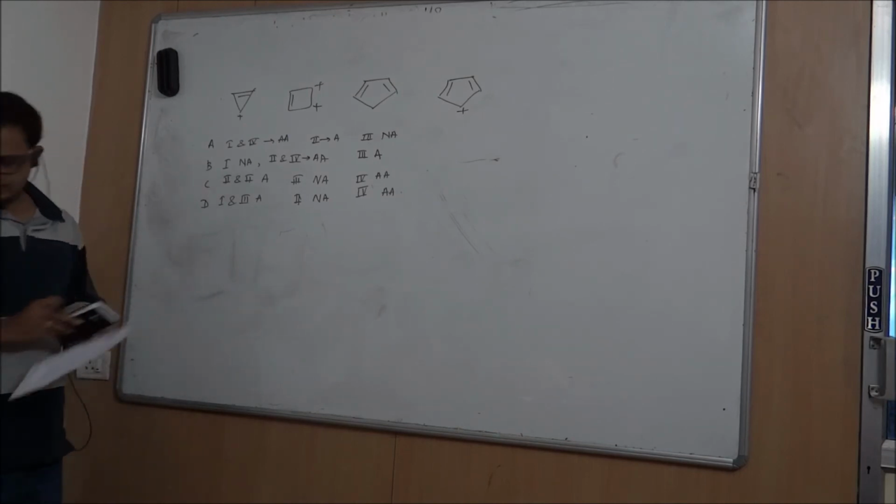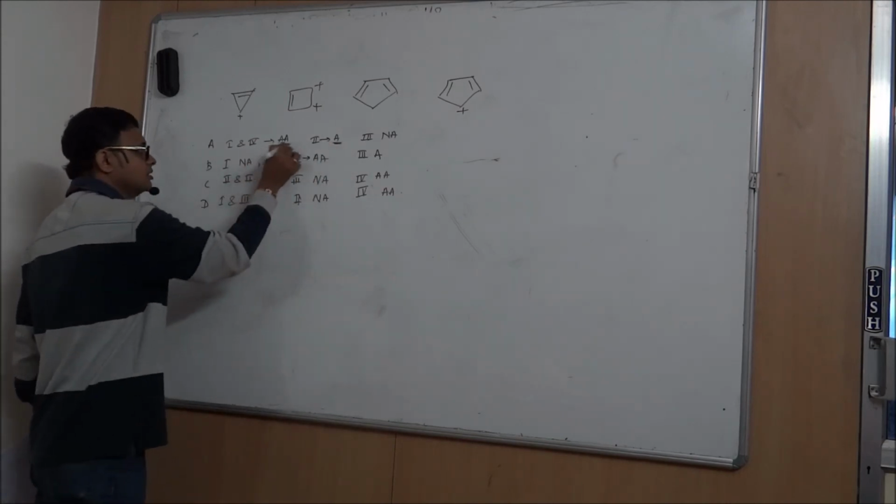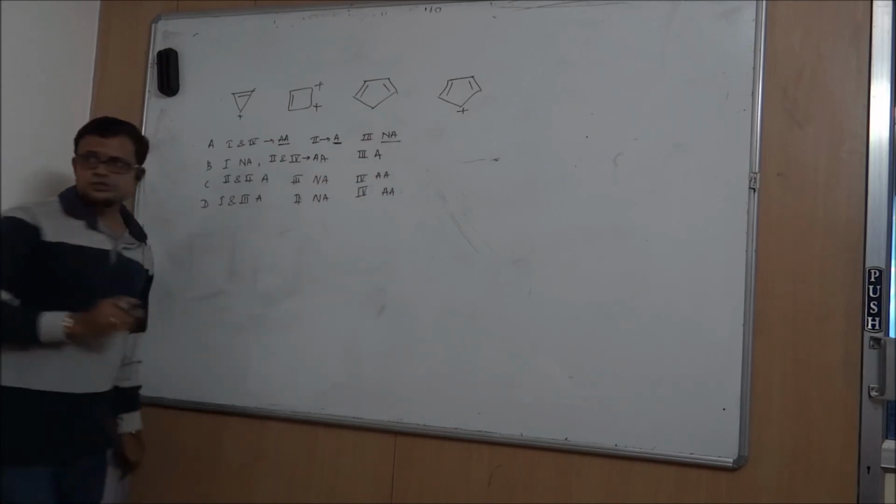A means anti-aromatic, Na means non-aromatic, A means aromatic. A means aromatic, A means anti-aromatic, Na means non-aromatic.